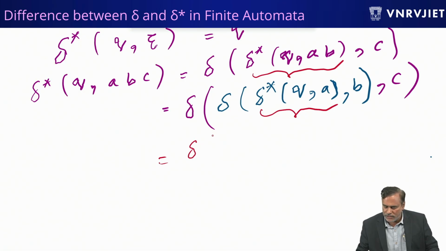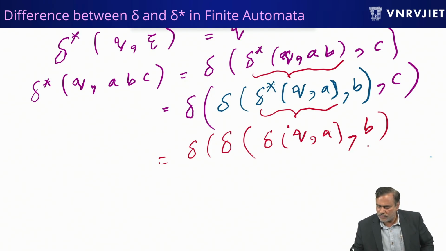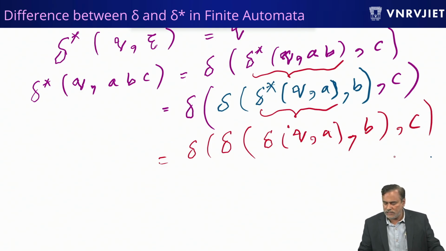So in place of this delta star, you can take it as just delta, that is delta of QA, and the rest of the part as it is: B, close parenthesis, comma, C, close parenthesis.